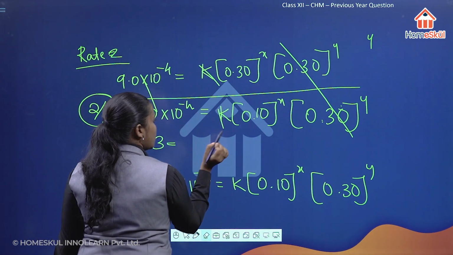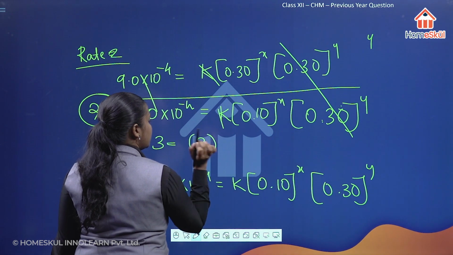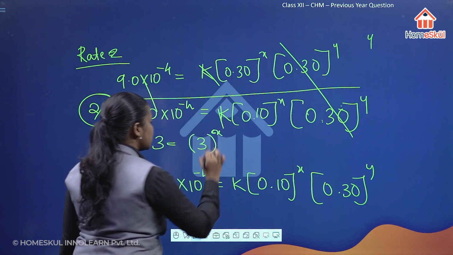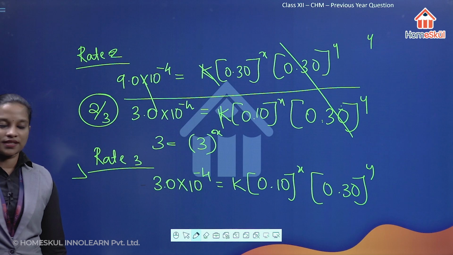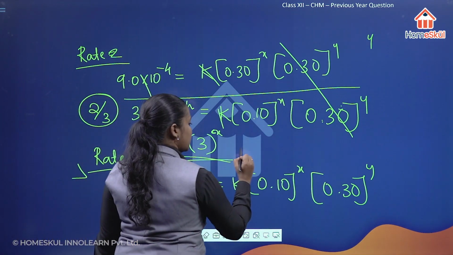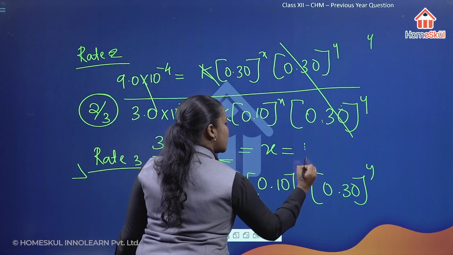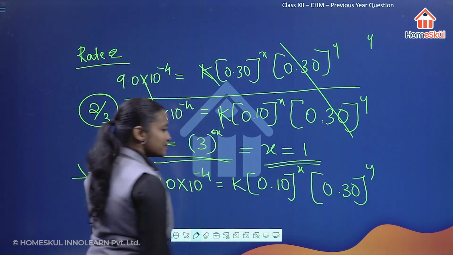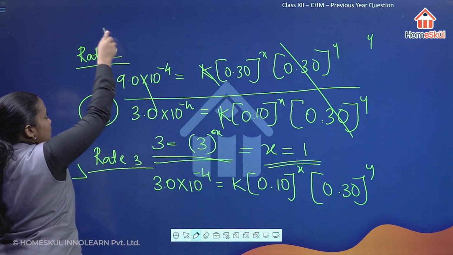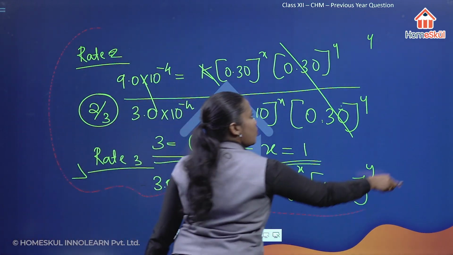We'll get 3 is equal to 3 raised to x. So from this, the value of x is equal to 1. So here we got both values, x and y.